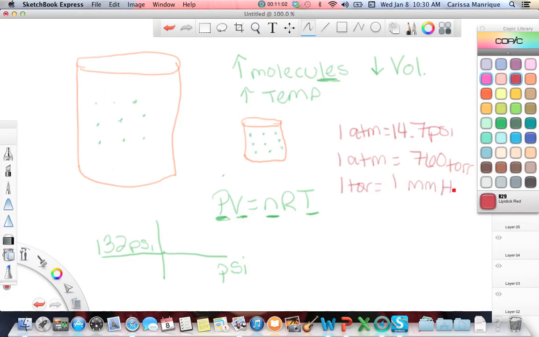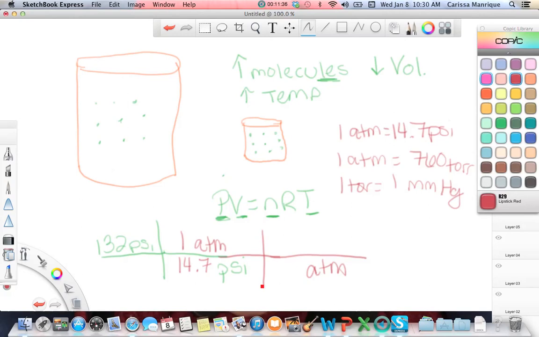A torr and a millimeter mercury are the same thing, actually. So let's see what we have. We have a PSI, and no other unit has a PSI here, so we need to use this conversion. So we're going to put down here 14.7 psi is 1 atmosphere. Okay, but we want to get rid of atmosphere, so we're going to put atmosphere at the bottom. We're trying to go to millimeter mercury, but so far we don't have one. We have 1 atmosphere is 760 torr, and we can convert that.